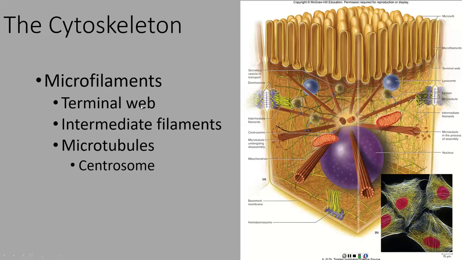And the terminal web actually provides shape and support to the plasma membrane itself. All of those structures of the plasma membrane that we talked about in lecture 1 of chapter 3, they're kind of anchored to this terminal web.